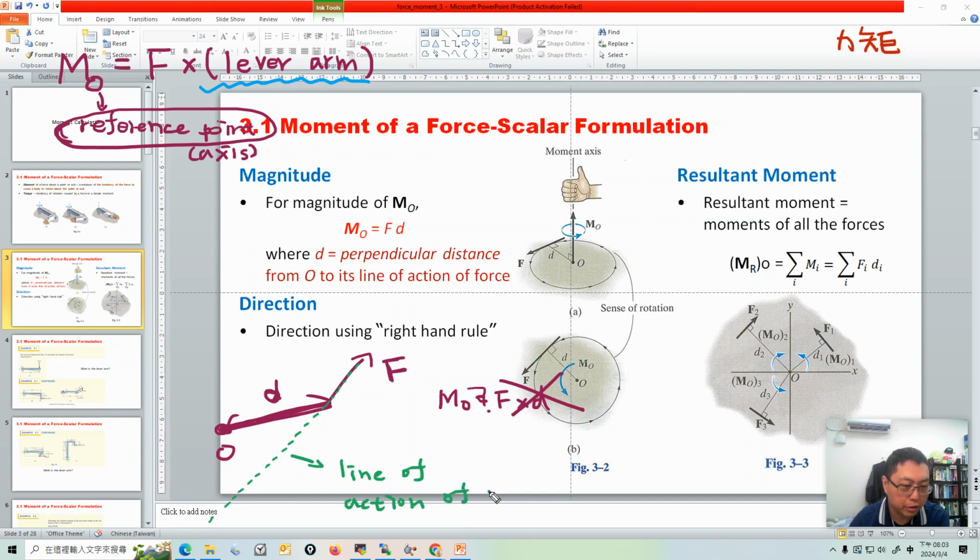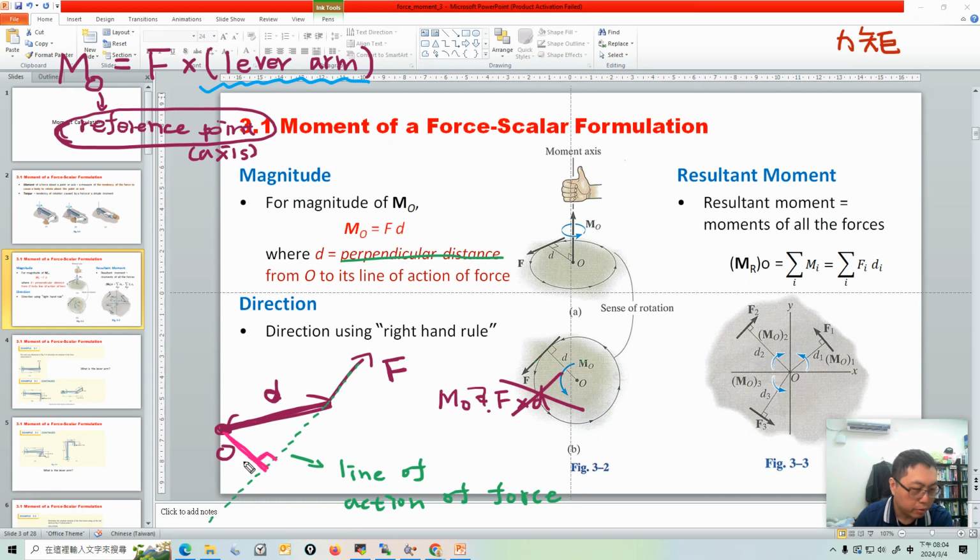Simply speaking, it just makes an extension of your force vector, and it's a straight line, not curved. It's a straight extension of your force vector. And d is the perpendicular distance to the line of action of force. So it's here, and here it's perpendicular.